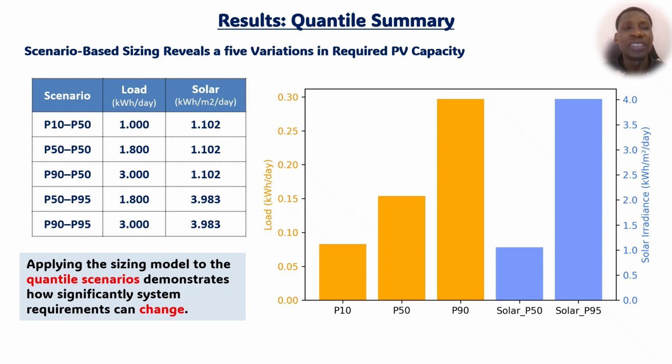For example, fusing a P10 and P50 gives us a load of 1 and a solar of 1.12. What this means is that a scenario of P90 and P95, that is a high load and a high solar availability, will be able to cater for 3 kilowatt hour per day of load when 3.98 kilowatt hour per meter squared per day solar capacity is used.